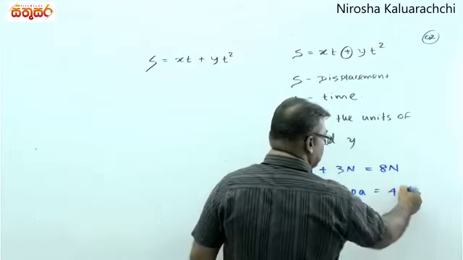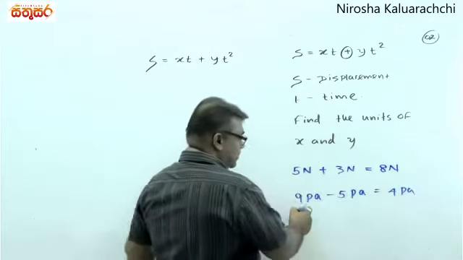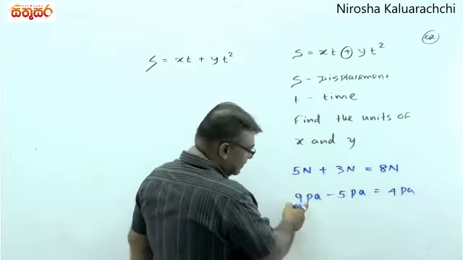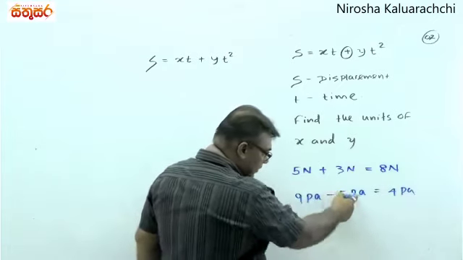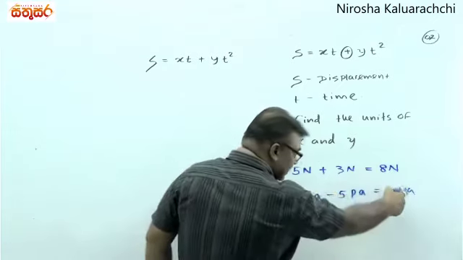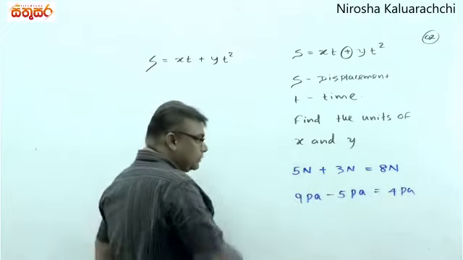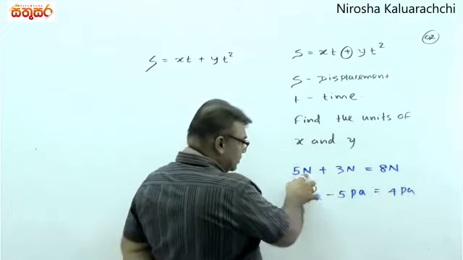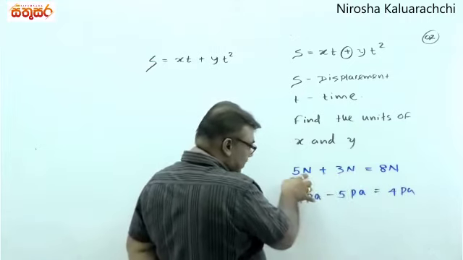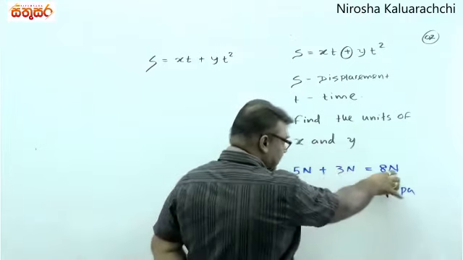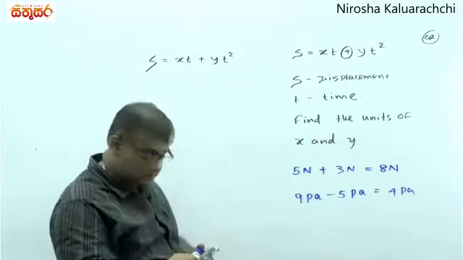Anyhow, subtraction takes place with the same unit, right? And the resulting one should also be the same unit. Here, 5 Newton and 3 Newton, the result is also Newton.